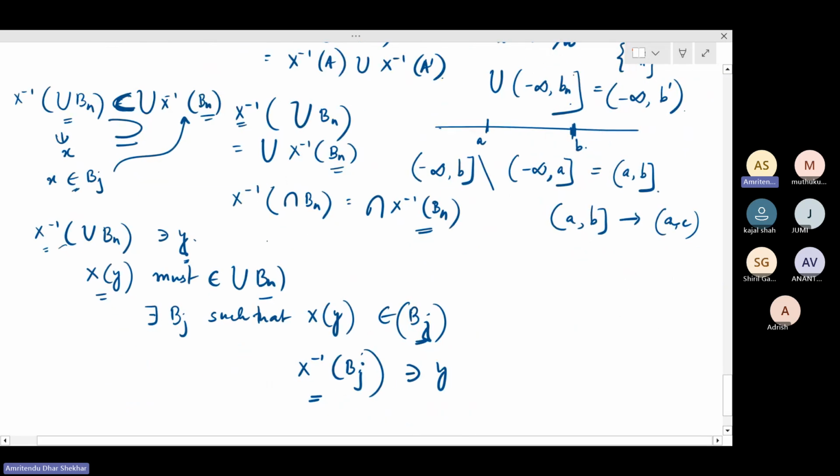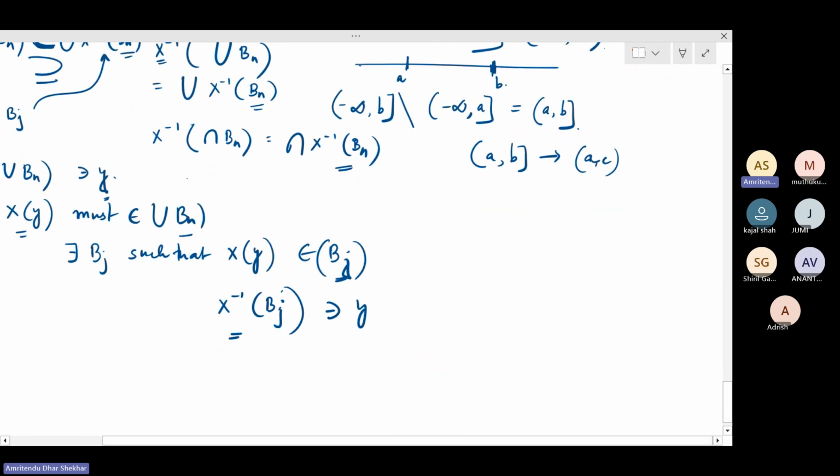If you have any Borel set in R, you can always write this Borel set as a union of intersections. And so when you take the inverse of such a union of intersections, because this X inverse operation commutes with the union and intersection operators, you can just bring the union and intersection operators outside. Okay, so if you have a set which looks something like this, let's just take an example.